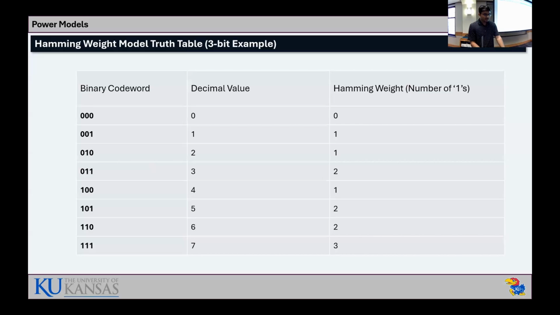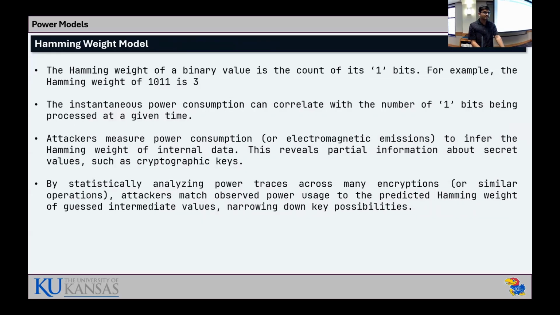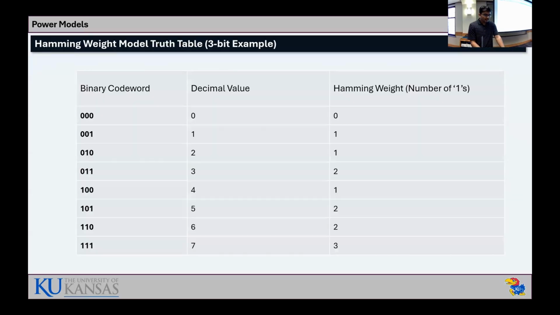There is another model, which is the Hamming weight model. With the Hamming weight model, you don't have to think about the first state or the next state. If you are giving one input, you see how many bits in that input are 1.